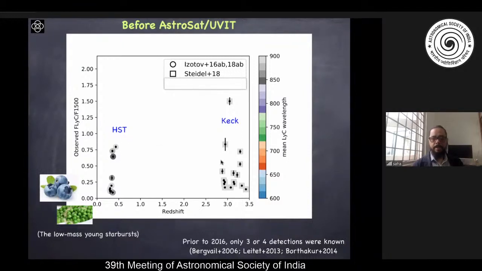Another important point is that most of these detected sources have a rest frame wavelength of around 900 angstrom.